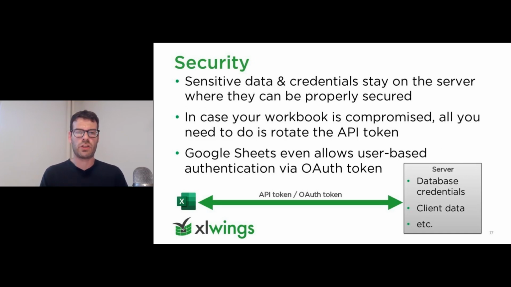And so that's just a huge benefit, because all of that sensitive data, whether that's just credentials or client data, you can keep on the server and properly secure, and it never touches your front end. And that definitely makes every IT security person responsible for that app at your company much happier. All right, so that's security.